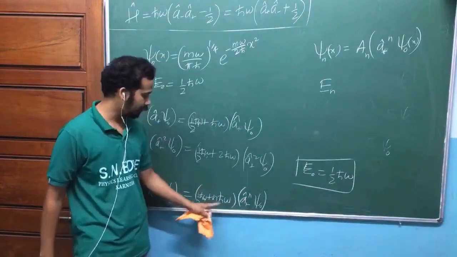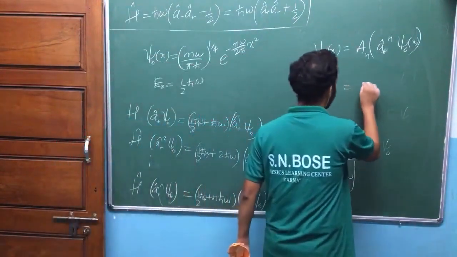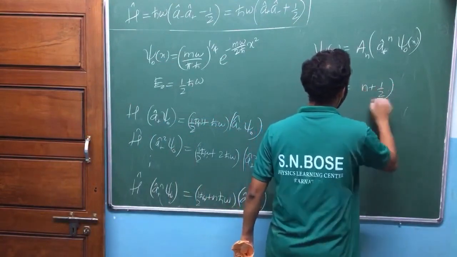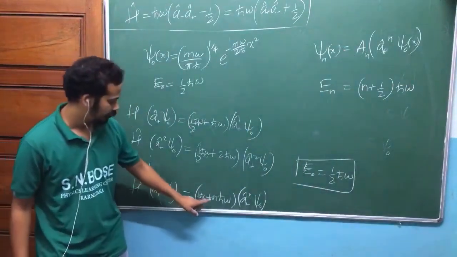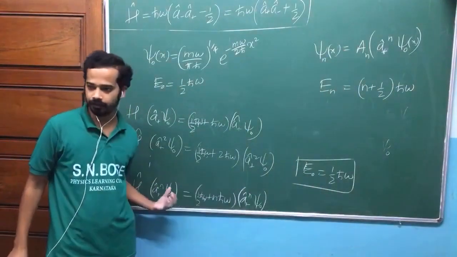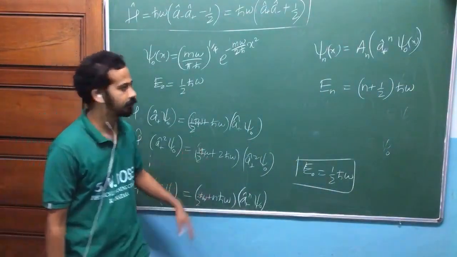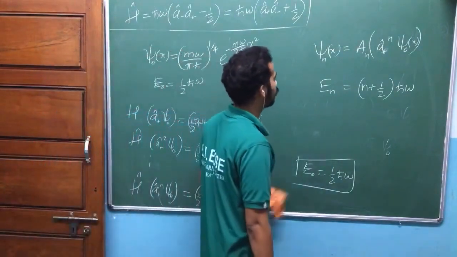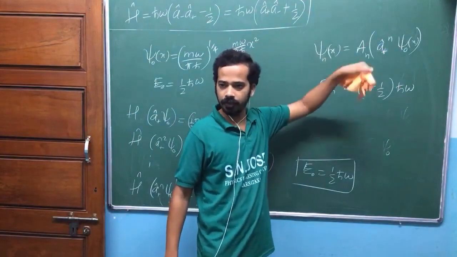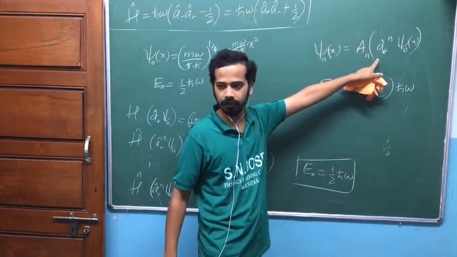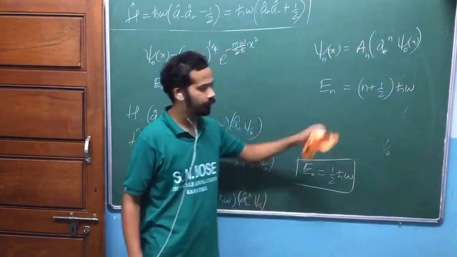I'll just manipulate and write it as n plus half, h bar omega. N plus half h bar omega is taken outside. Is that okay? I'm just manipulating. So we can generate the nth state using the ground state. We already found the ground state, and we know what that operator is, so we can find the nth state. We can find the nth energy.